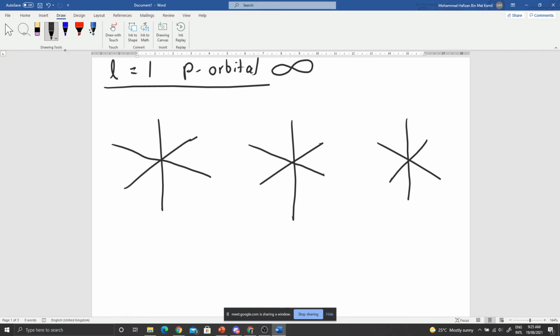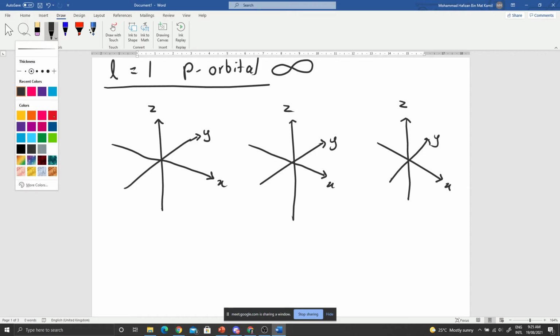And then never forget to label the axis. So Z, and make sure your punya label is coherent with other axis. So Y, X. So untuk p orbital, we have 3 orientation.